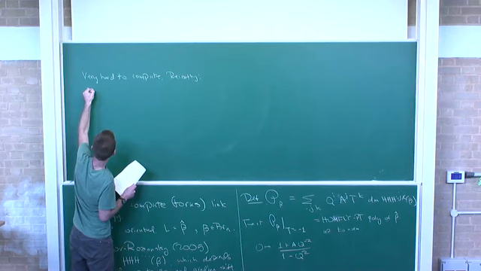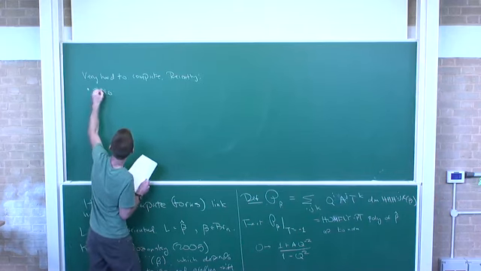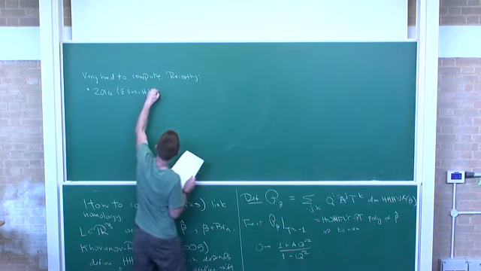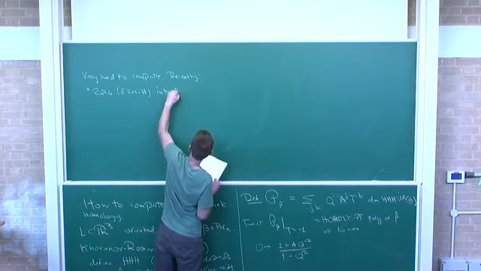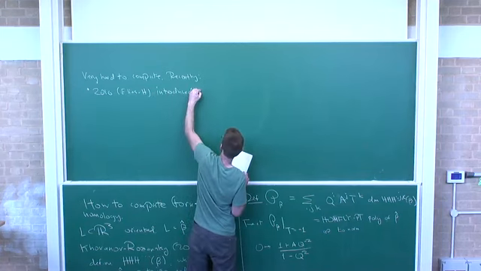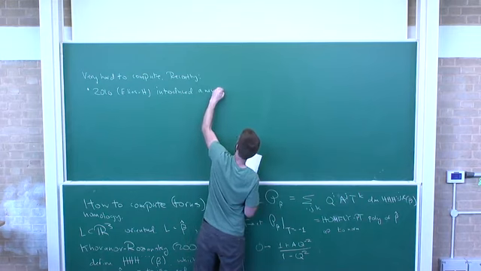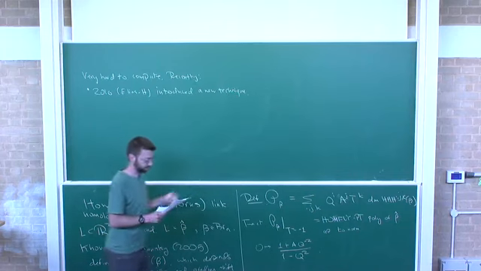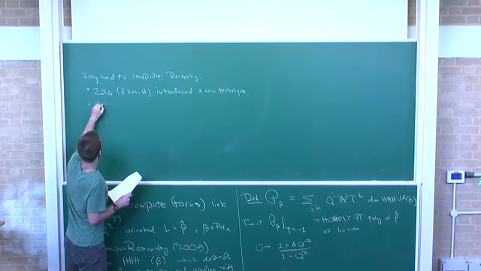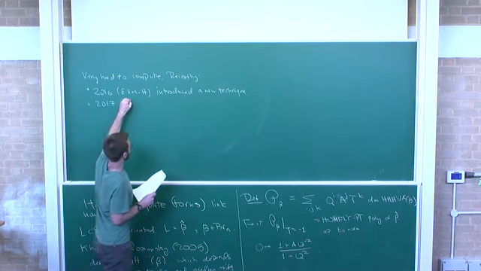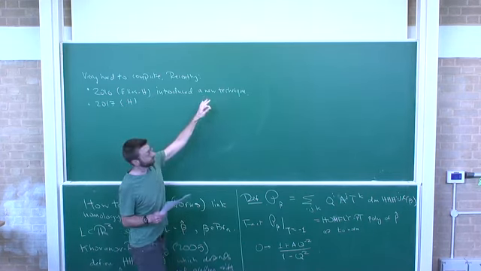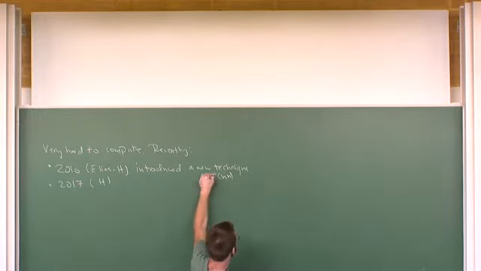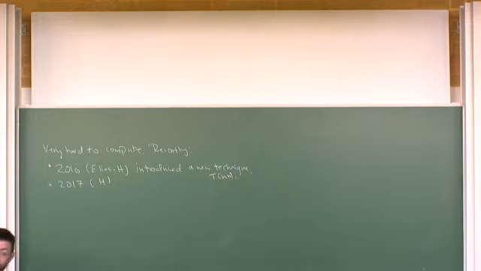So first off, in 2016, me and Ben Elias introduced a new technique for computing these things. This was in March or April of last year. We used this technique, we illustrated it to compute the homology of the T(n,n) torus link.